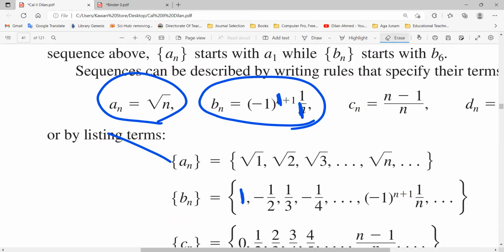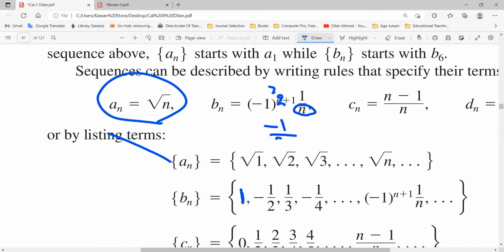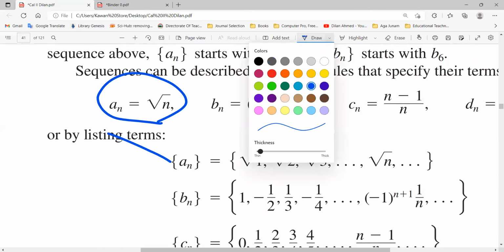If n is 2, that one will be 2 plus 1, which is equal to 3, which gives me minus 1, right? And this will be 2. So that's why I got minus 1 over 2. When n is 3, again substitute here. N is 3, you can substitute.